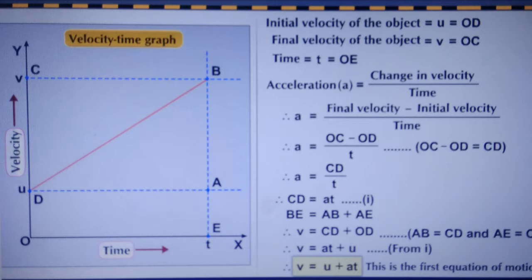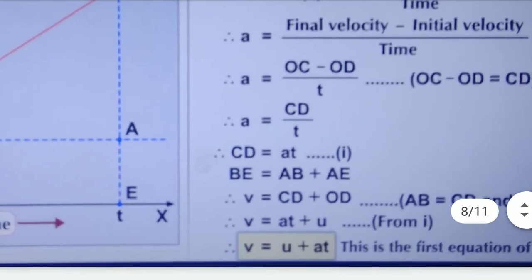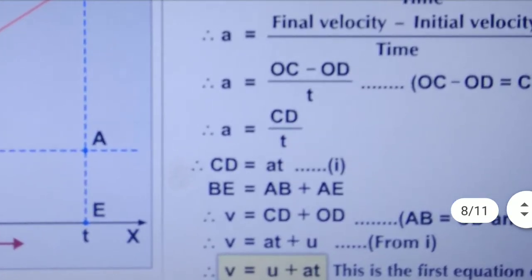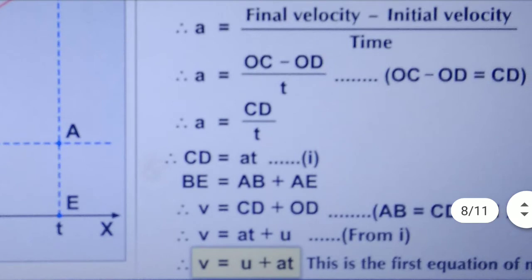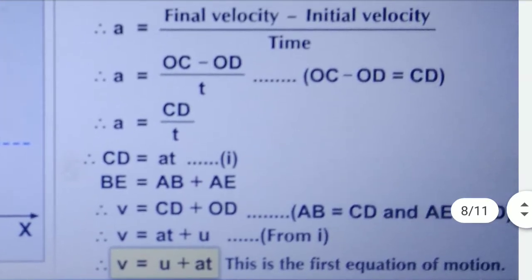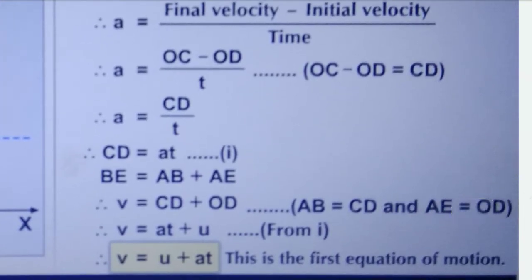But we know from the graph that OC minus OD is equal to CD. Therefore, a = CD upon t. Therefore, CD = a × t. If you observe the graph, CD is equal to BE.